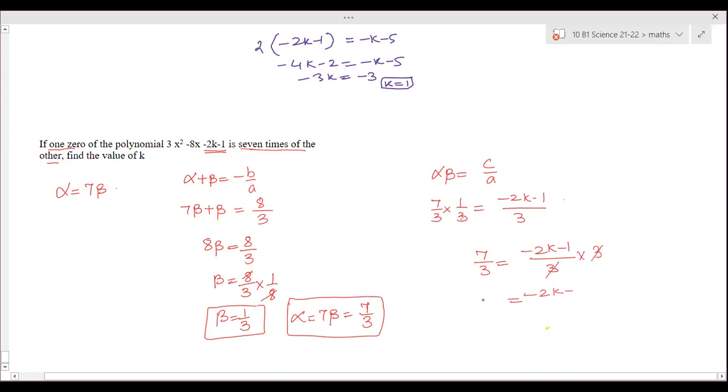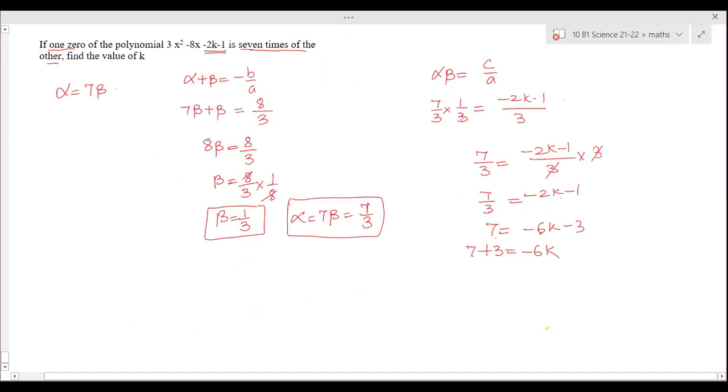Minus 2k minus 1 is equal to 7 by 3. 3 will be transferred to RHS. Minus 6k minus 3. Then minus 3 will be transferred to LHS. 7 plus 3 is equal to minus 6k. So 10 is equal to minus 6k and k is equal to 10 by minus 6, which is minus 5 by 3.